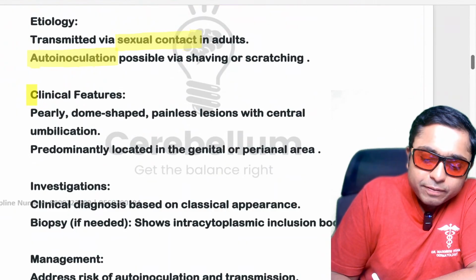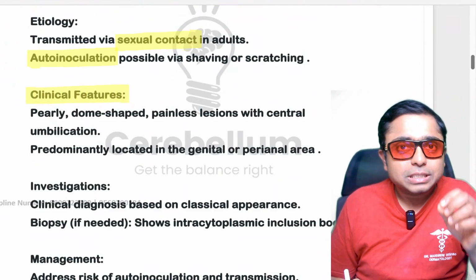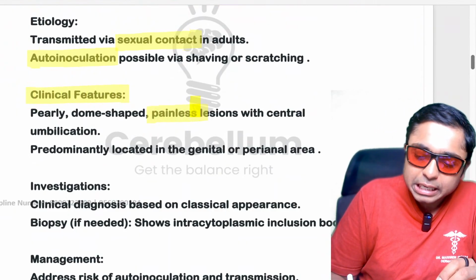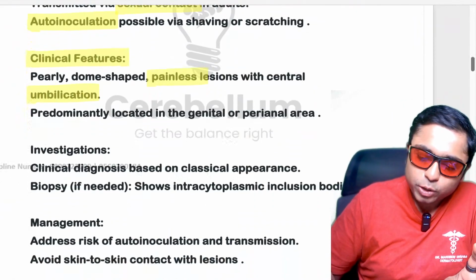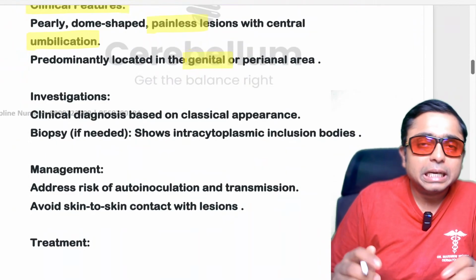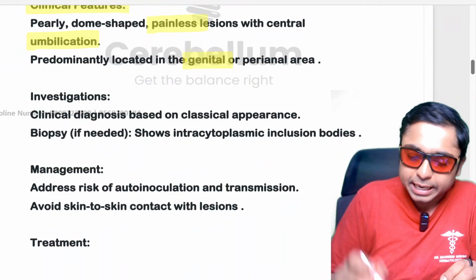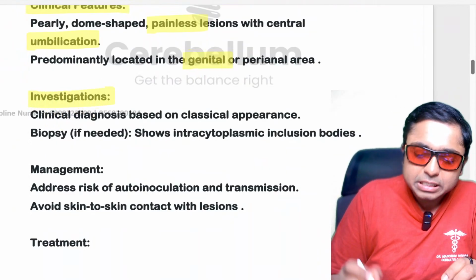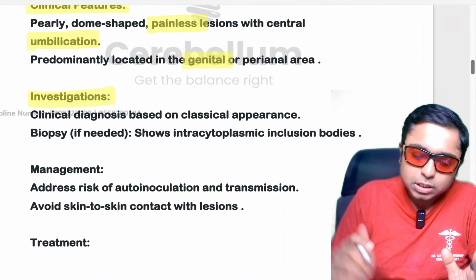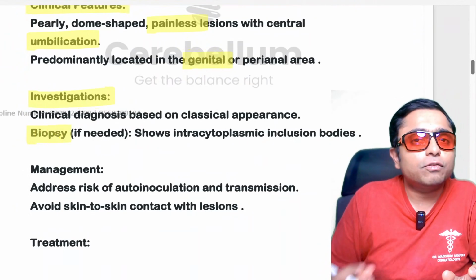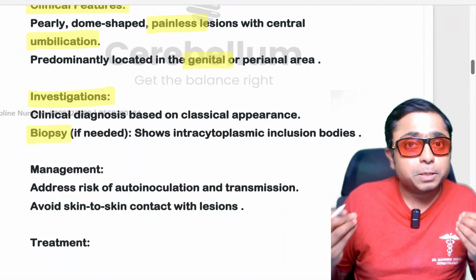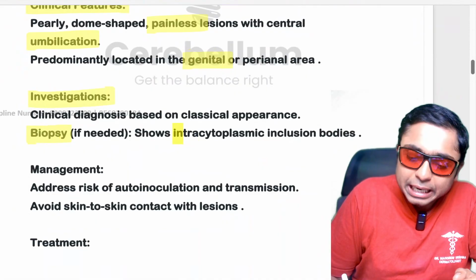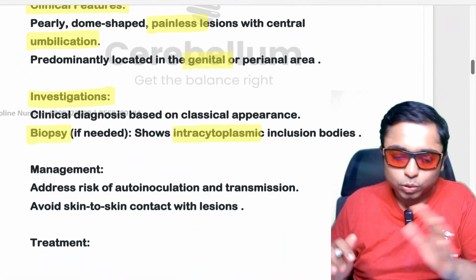Okay, clinical features of molluscum contagiosum, we are going to see pearly white dome shaped painless lesions which are going to have this central umbilication. Very important point to remember. And predominantly the lesions are going to be seen in the genital area. So coming to the investigation, it is a clinical diagnosis. Mostly if we have to confirm it, we can do a biopsy where we are going to see the Henderson-Patterson bodies, which are intracytoplasmic eosinophilic inclusion bodies.